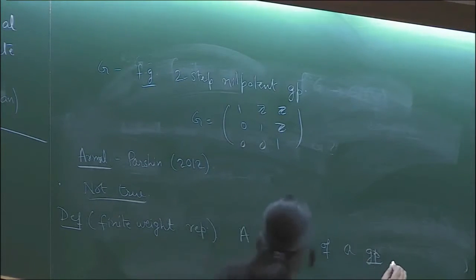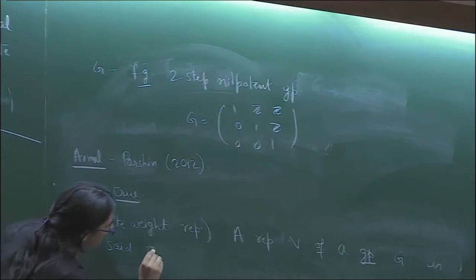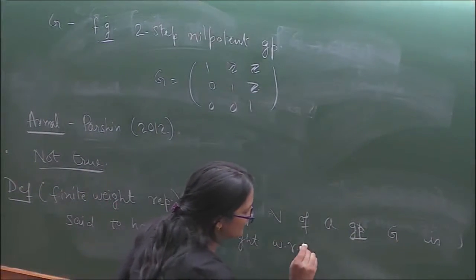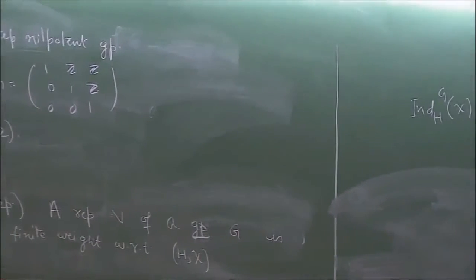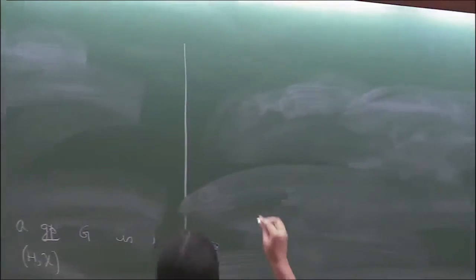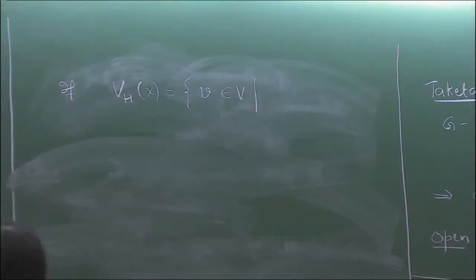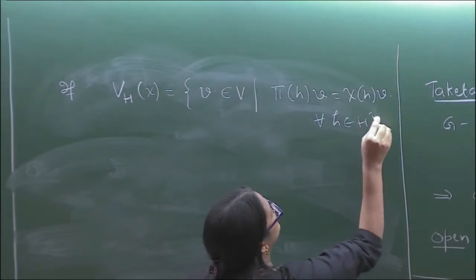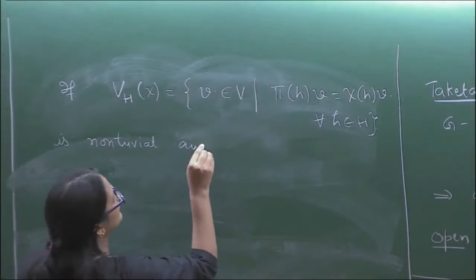A representation V of a group G is said to have finite weight with respect to the tuple H, chi if, look at this space of vectors such that, I want to also give a name to this representation, it's phi, H V, is non-trivial and finite dimensional.